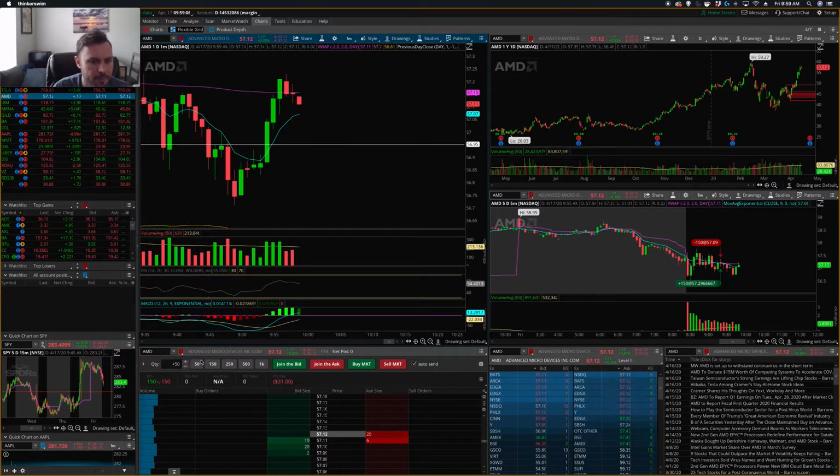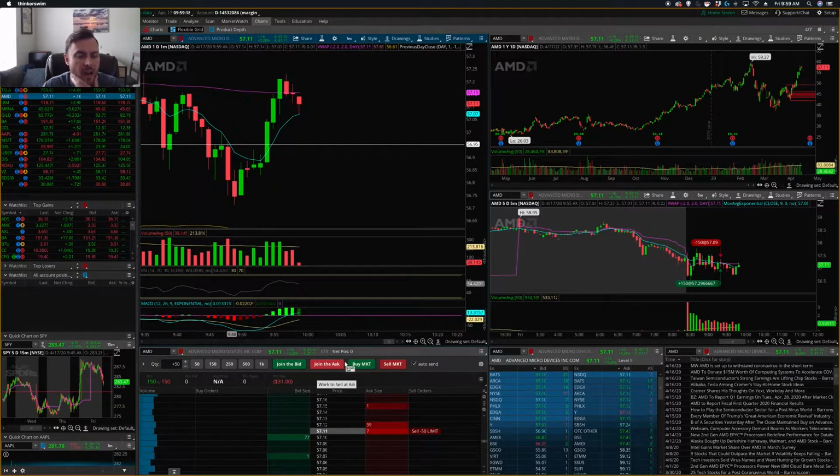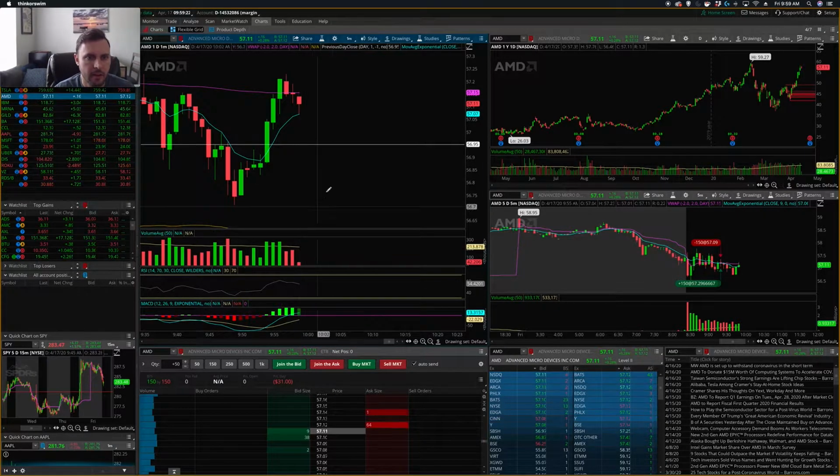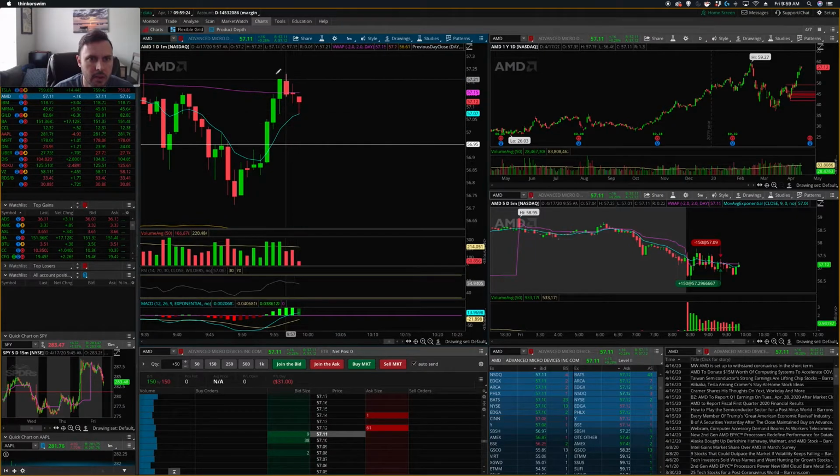So at $57, each 50 trade is about $2,500. What do we have? So our only indicators right now are price action, really. Volume is not really high.